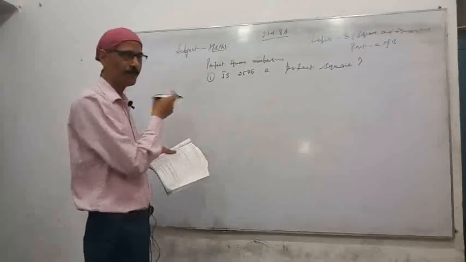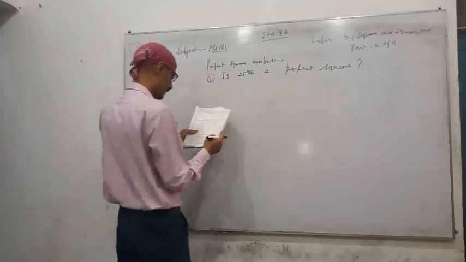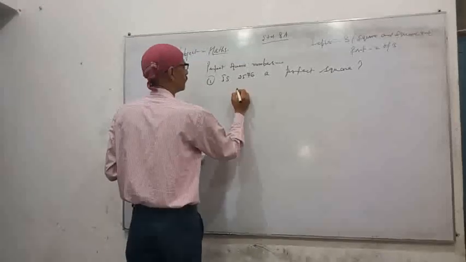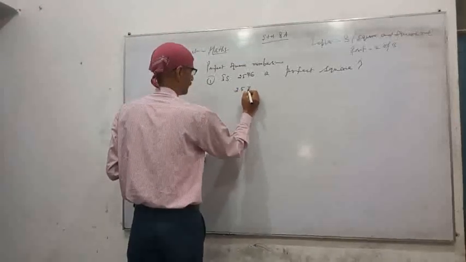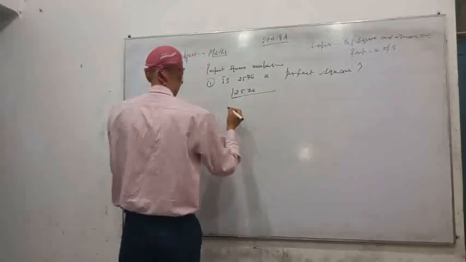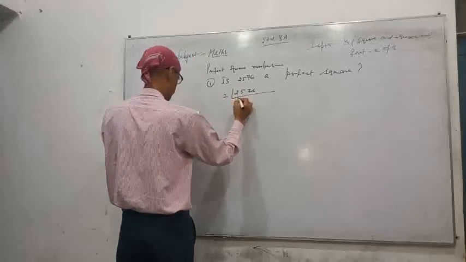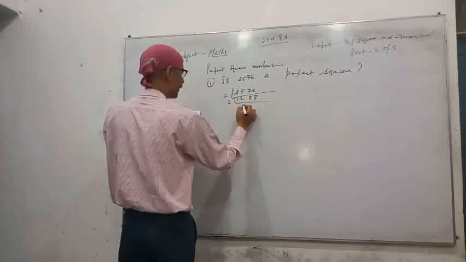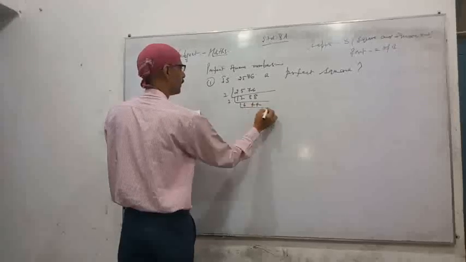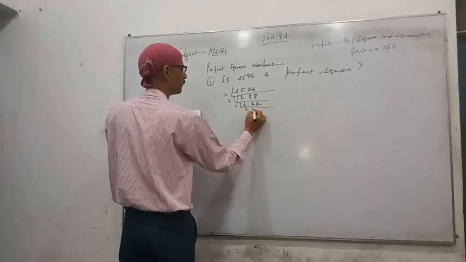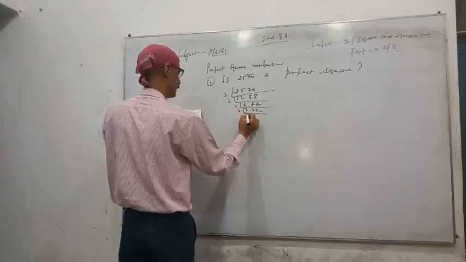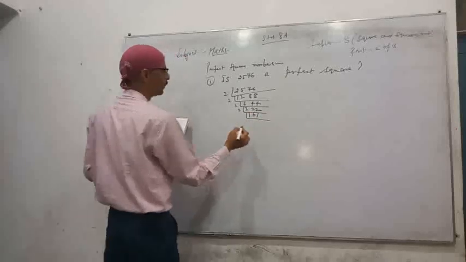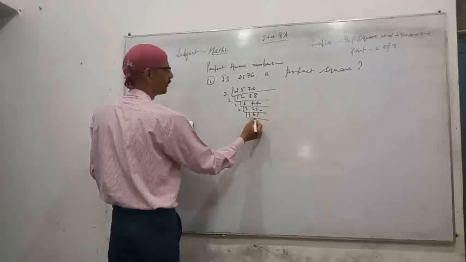How can you check if it is a perfect square or not? So express this number as a product of prime factors. 2576 resolves into factors: 2, and then from 2 divide it, 644, again 2, 2, again 161, and now it is not divisible by any number.